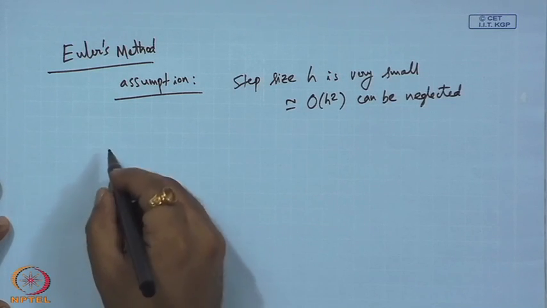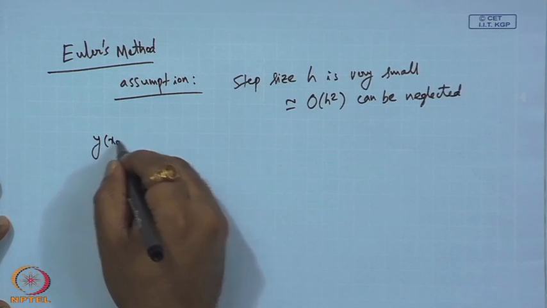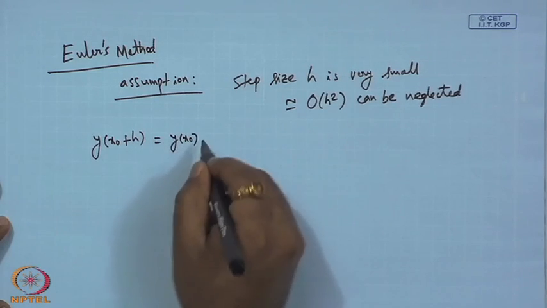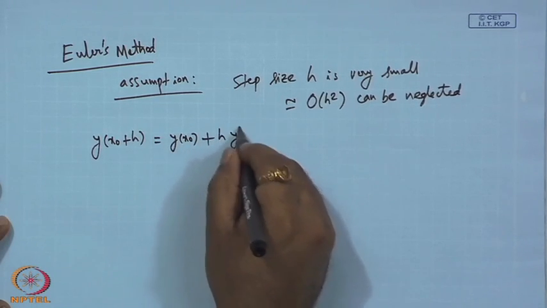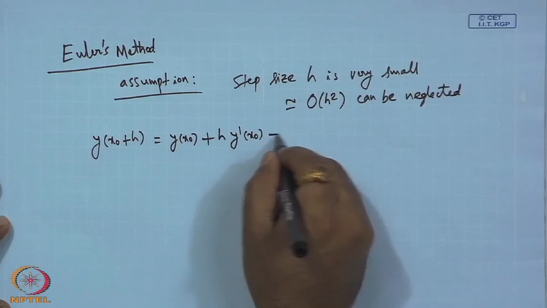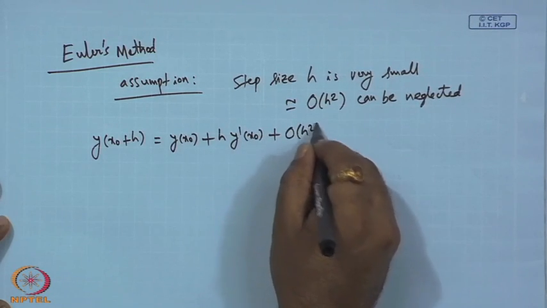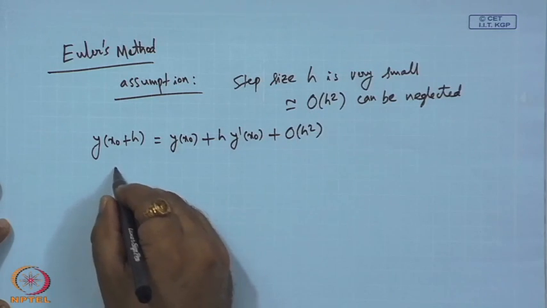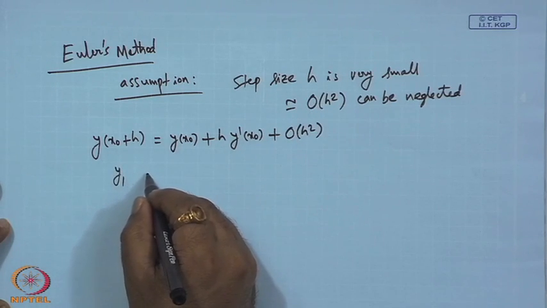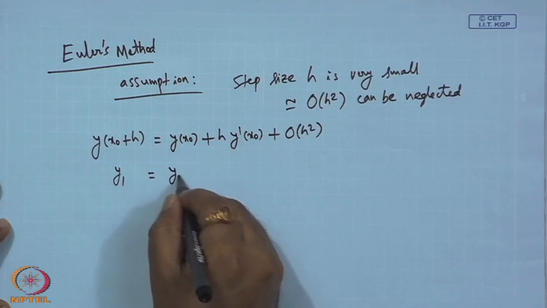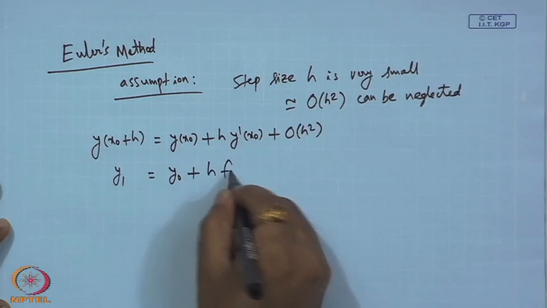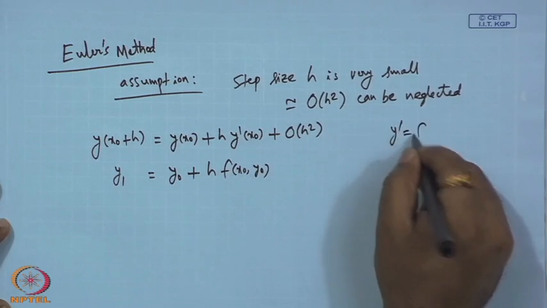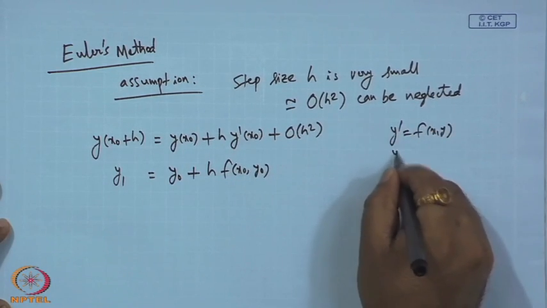Now consider this, because that is our assumption. This is nothing but y 1, y 0, because of our IVP.